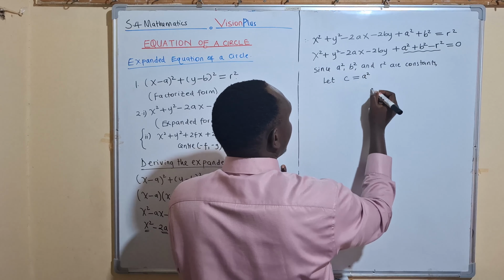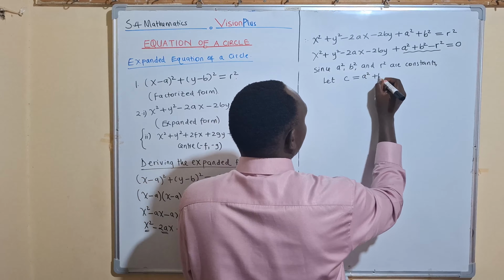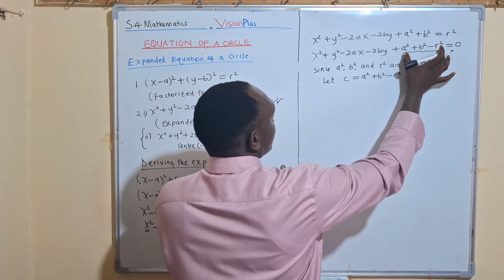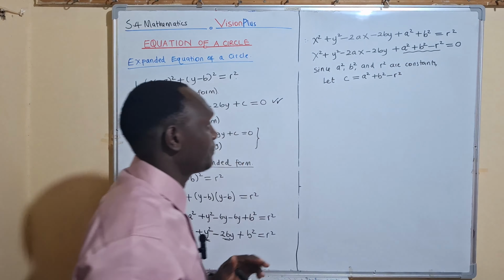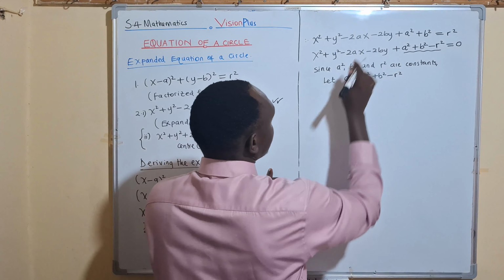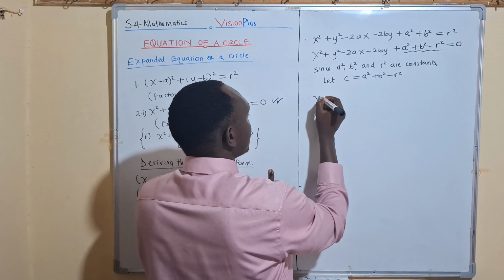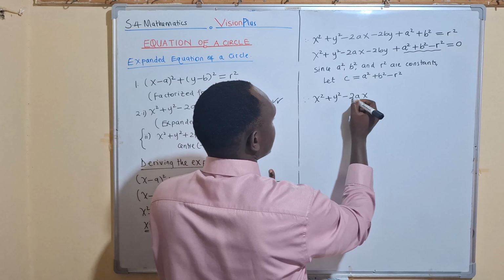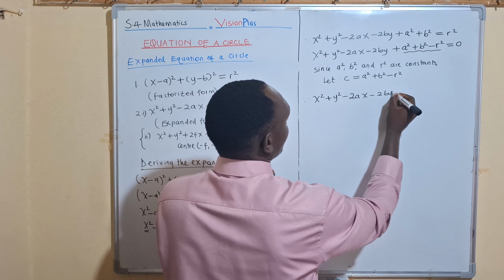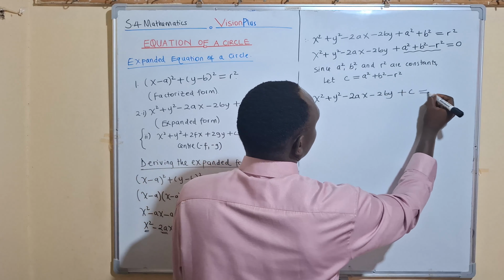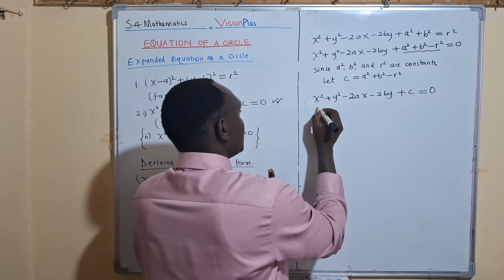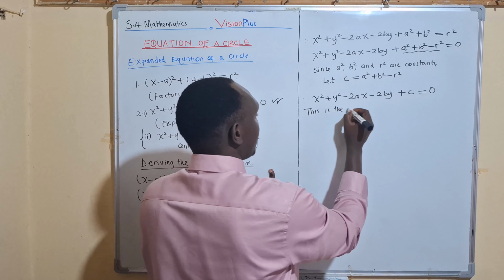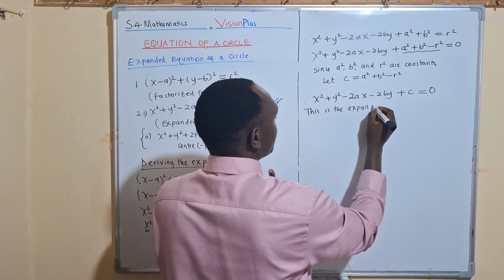That is a² + b² - r². So we substitute for all the three constants with one letter c. Substituting c in that equation gives us x² + y² - 2ax - 2by + c = 0. And this is the expanded form that we are trying to derive.